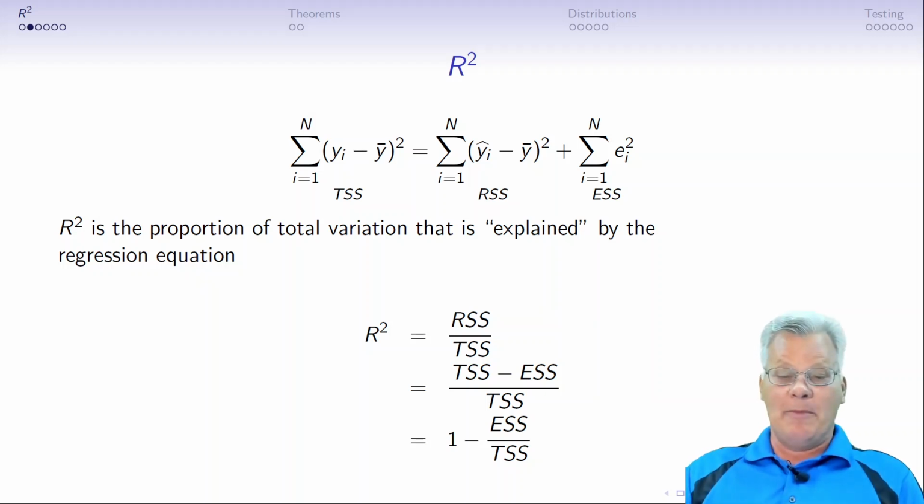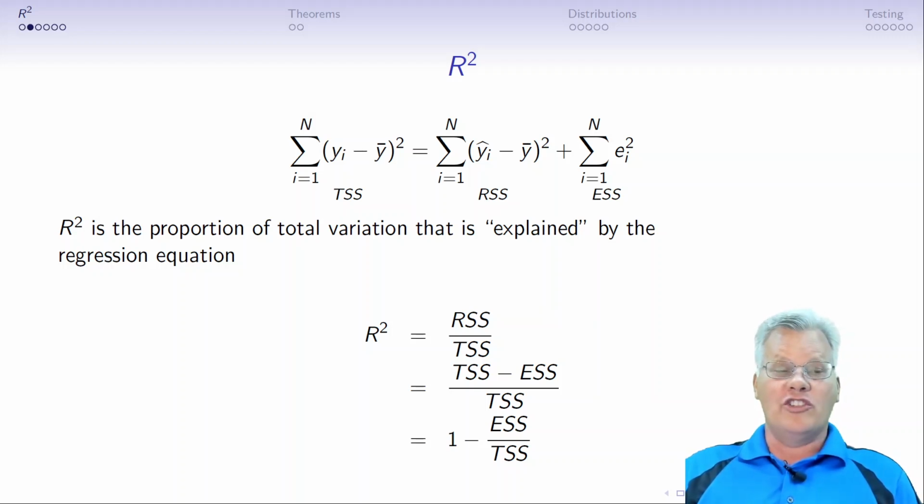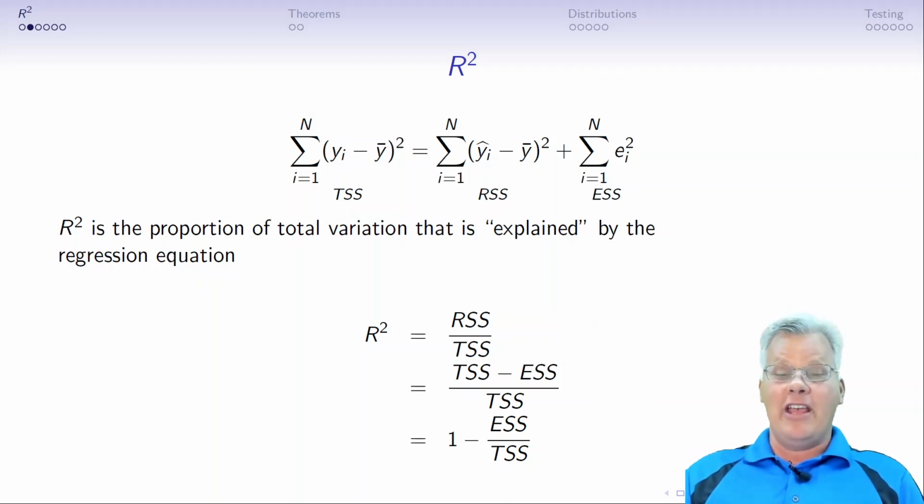So total sum of squares minus error sum of squares, divided by total sum of squares, and then I get the familiar form of r squared that you perhaps remember from the prerequisite course. It's equal to 1 minus the proportion of unexplained variation.